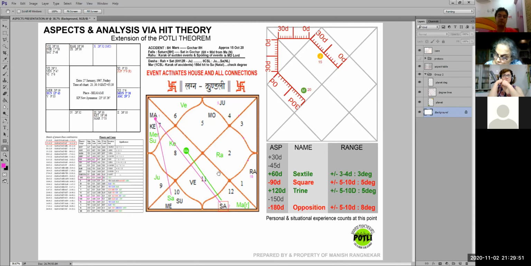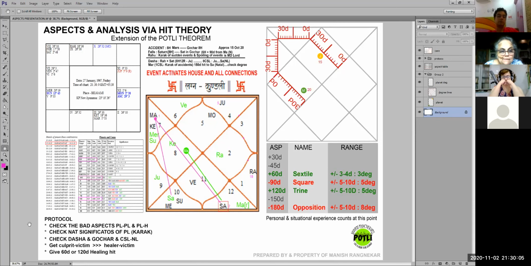Now pay attention over here. Here there is a slight difference in how we look at things. This is a protocol which you will need to follow. What is the protocol?